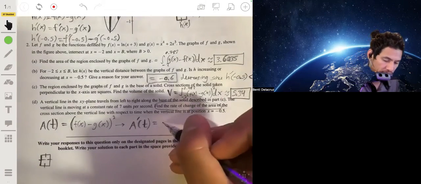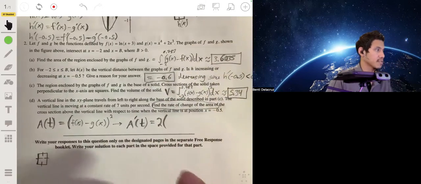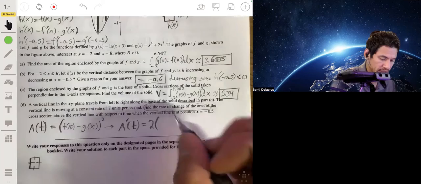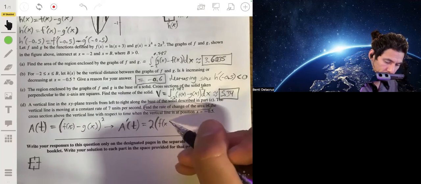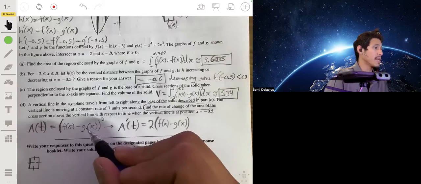I'm not going to go through it all by hand because it's more tedious. We'll use a calculator, but essentially it looks like this: f of x minus g of x. We take the power rule, then multiply it by the derivative of the inside.